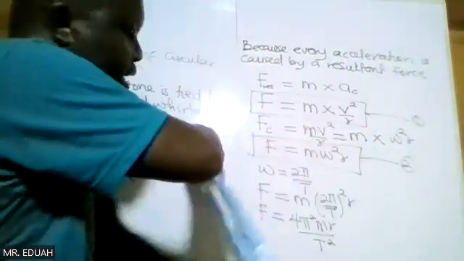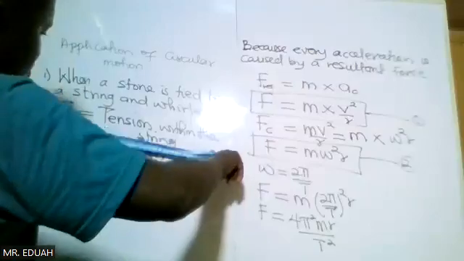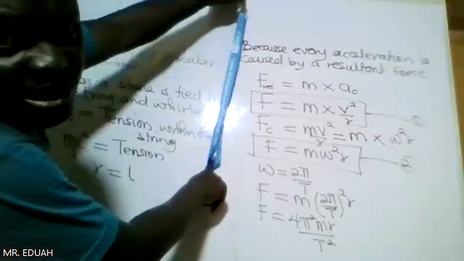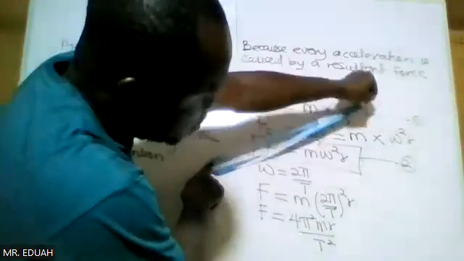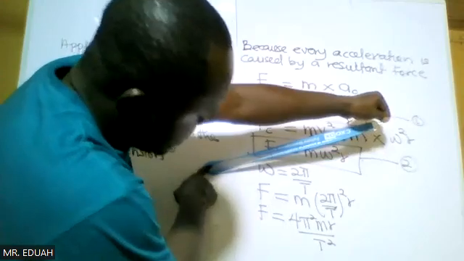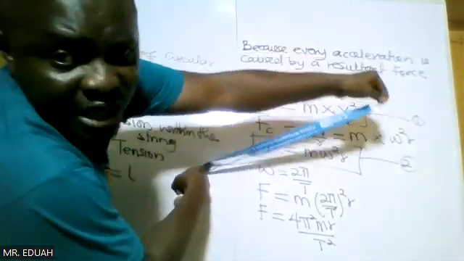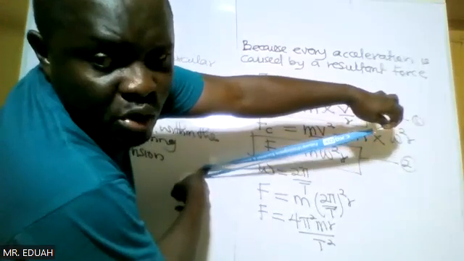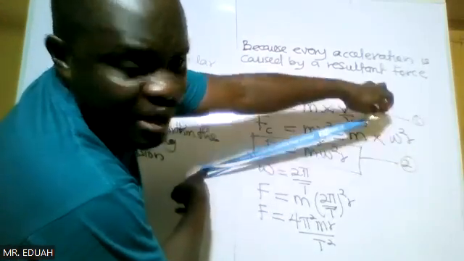Okay. So in a situation like this, you realize that the radius of the circle is equal to the length of the string, because the radius is from where my finger is to where my other hand holds the mass or the weight.